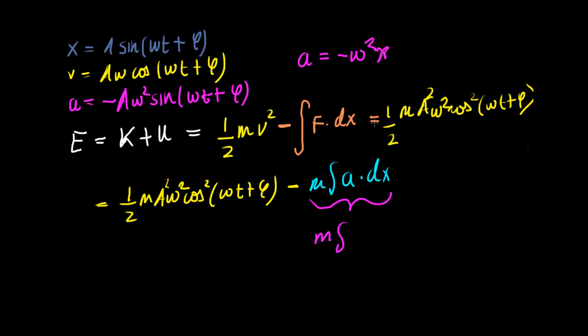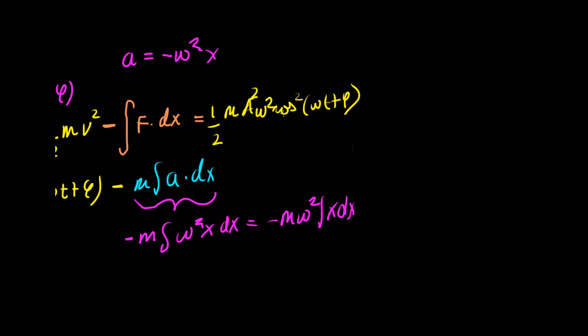We assume this and we derived all these expressions on the left. So this becomes minus omega squared x dx, which can be written as, omega squared is a constant, so that is minus m omega squared times the integral of x dx, which simplifies to being equal to minus half m omega squared x squared.